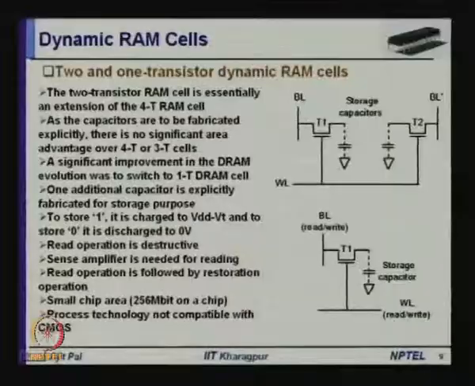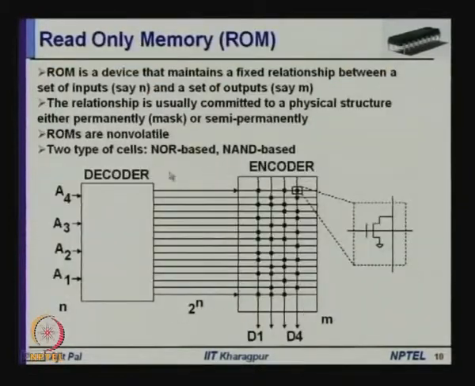Nowadays, you can get a dynamic RAM chip with 256 Mbit or more on a single chip, and that has to be interfaced to the processor through some bus. So, this cannot be used for on chip applications, but for off chip this can be used. So, this is the dynamic RAM cell. Now, let us switch to another type of memory, that is read only memory.